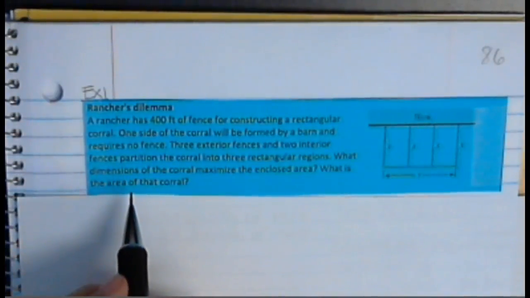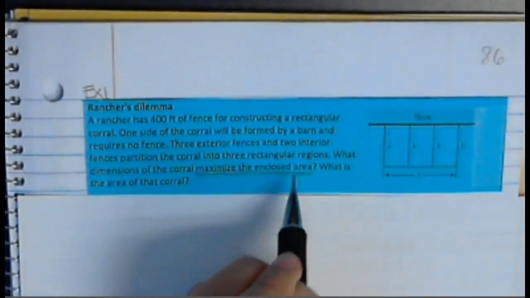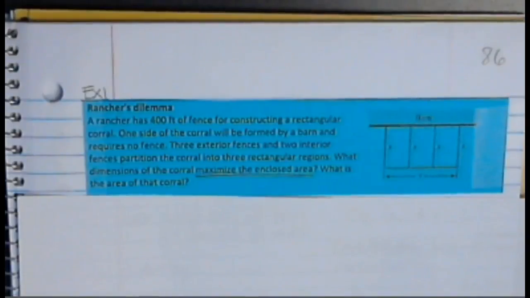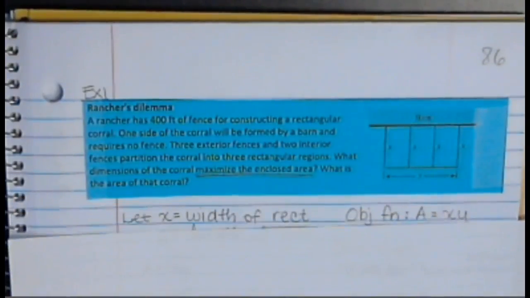Notice that we want to maximize the enclosed area, so we know that our objective function is going to be about area. Before we get there, we're going to follow the steps of our guidelines. Number 1 says to read the problem carefully, identify variables and organize the information given. We have a picture, so that helps us organize it.